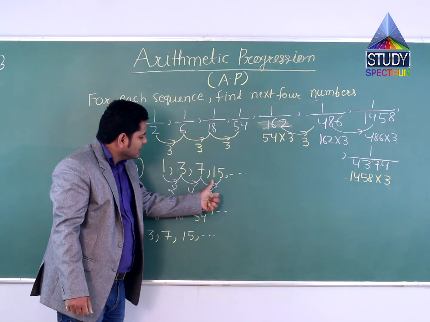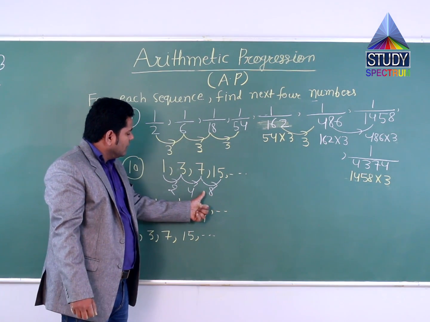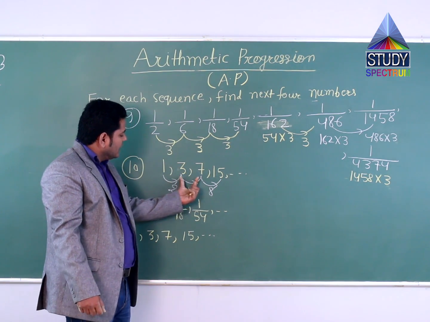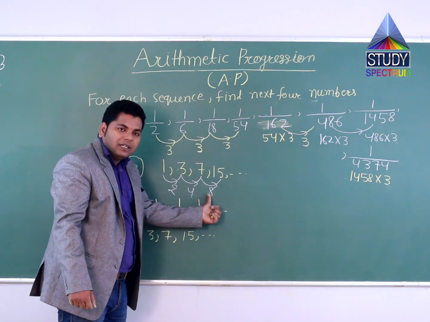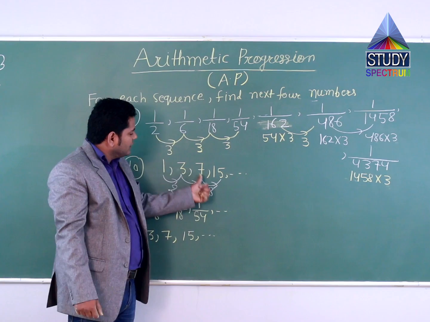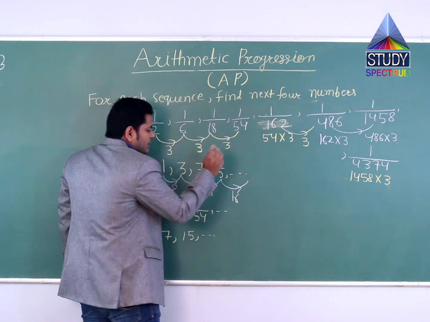So the difference between these 2 terms is 8. So we are adding 8 to the 7, because earlier we got by adding 4. So next term we get by adding 8 to the preceding term, and the next term will be obtained by adding 16 to the preceding term.